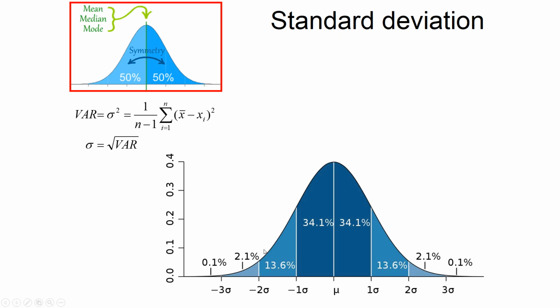Whereas at the 2 standard deviation range, it's much less likely that your data will fall outside that range of plus or minus 2 standard deviations.